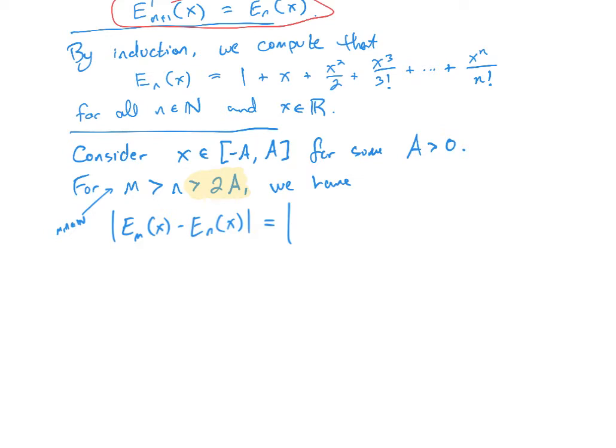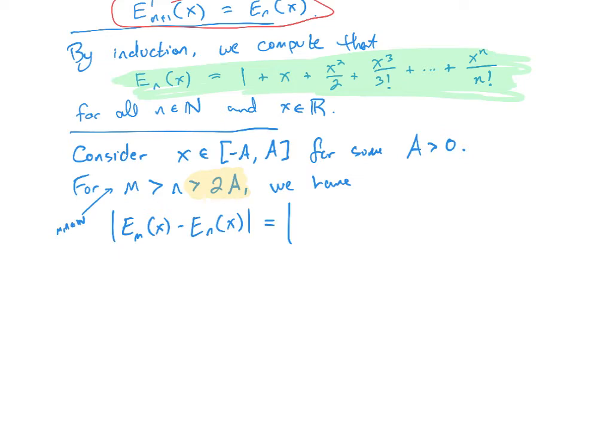So we go up to our definition of E's. What do we get when we subtract them? E sub m, well, m is the larger subscript. So we're going to get all the things that are in E sub m but not in E sub n.